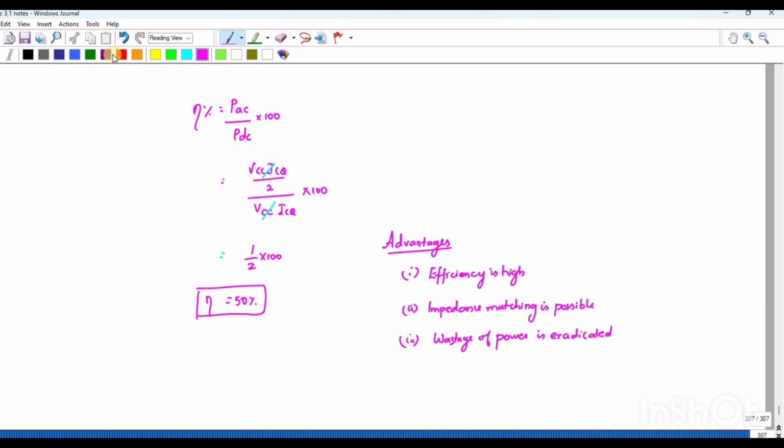Next, the disadvantages. The first disadvantage is that the circuit is bulky because we have employed a transformer, and therefore it is costly.